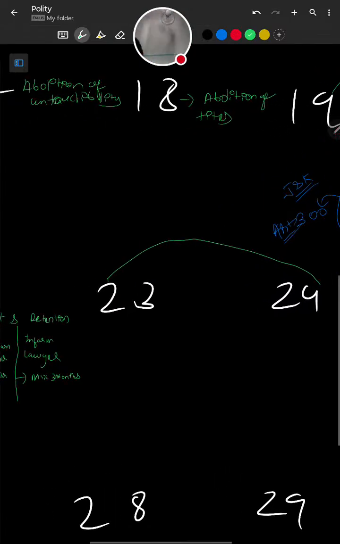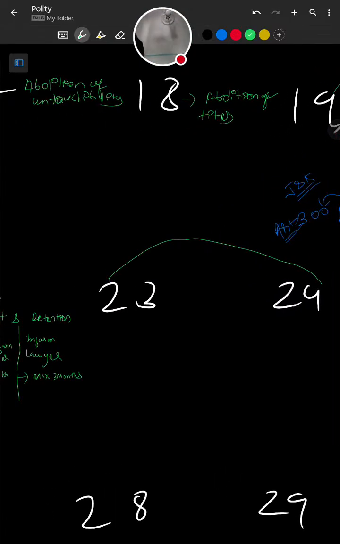Against exploitation. So 23rd talks about the prohibition of trafficking and forced labor.